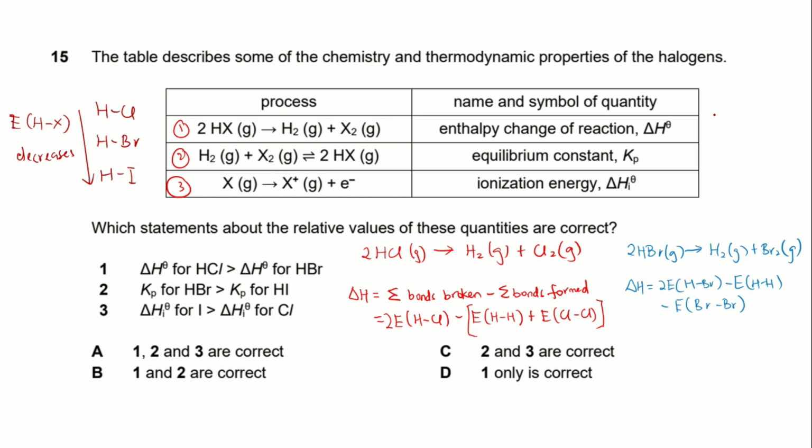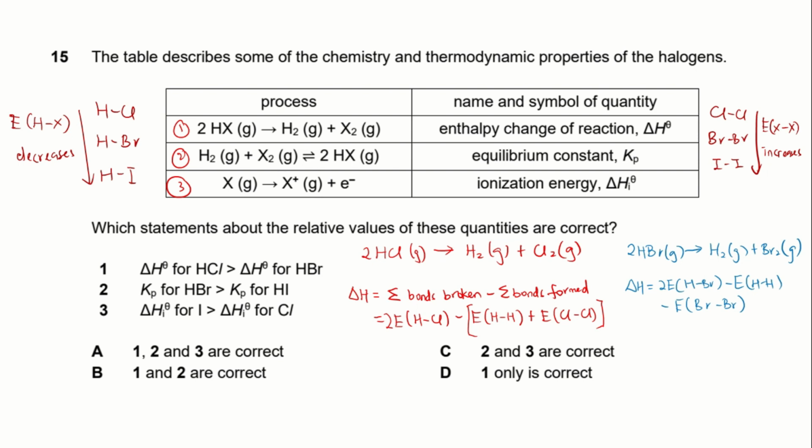Whereas the bond between the halogen atoms going down the group is getting stronger. That means bond energy is increasing going down the group.